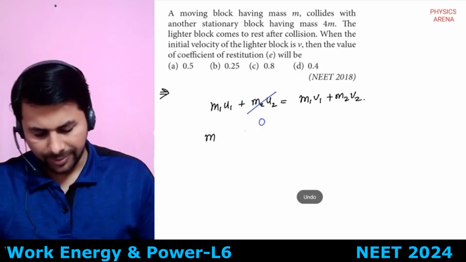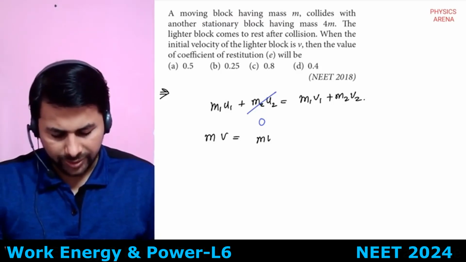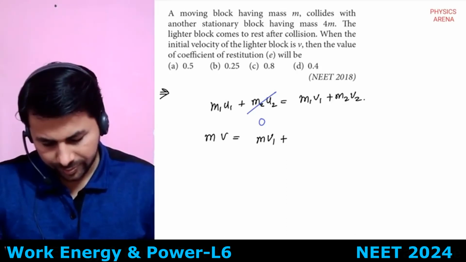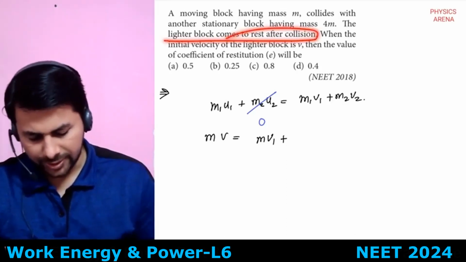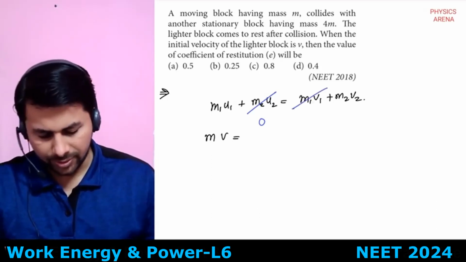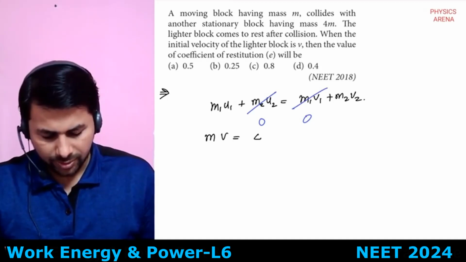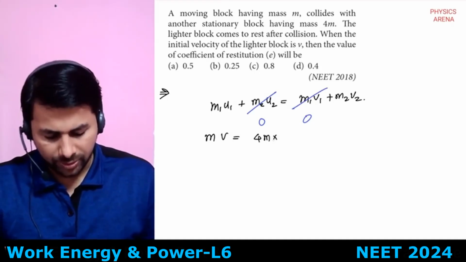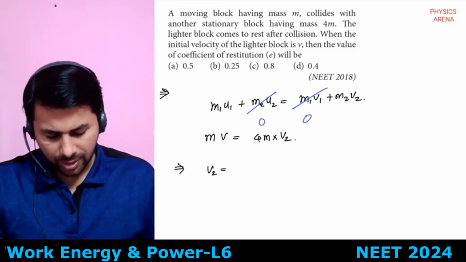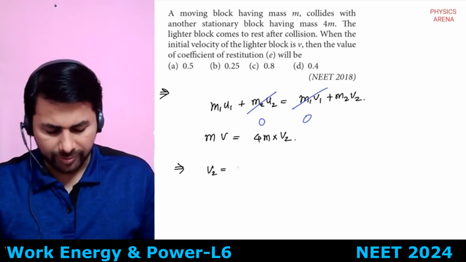So m times v is equal to m times v1 plus, it comes to rest, so nothing. m times v1 is also 0, it is just m2 times v2, so 4m times v2. From this we get v2 equals, m gets cancelled, v by 4.